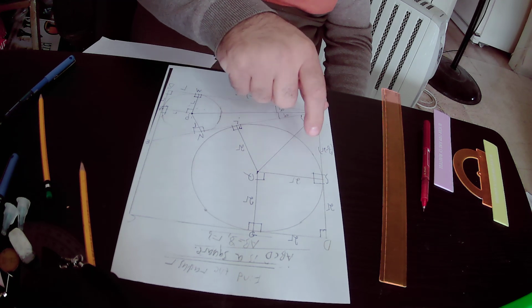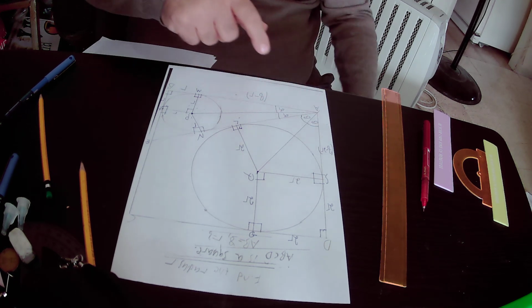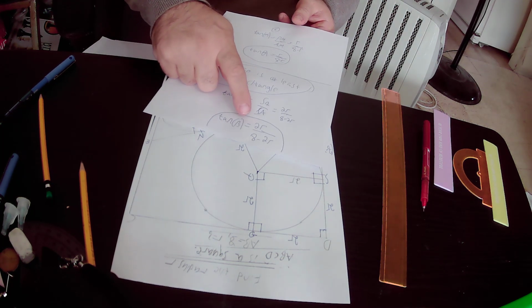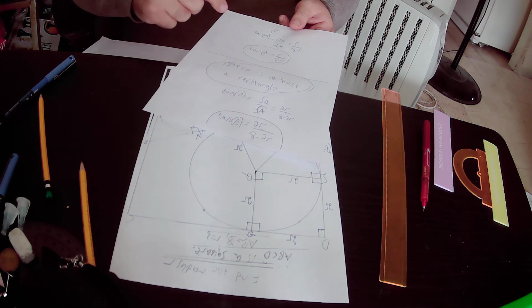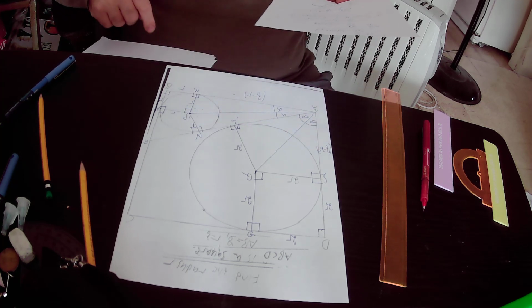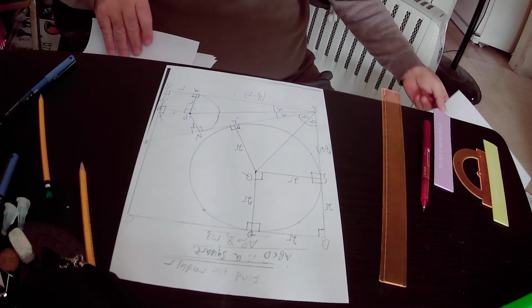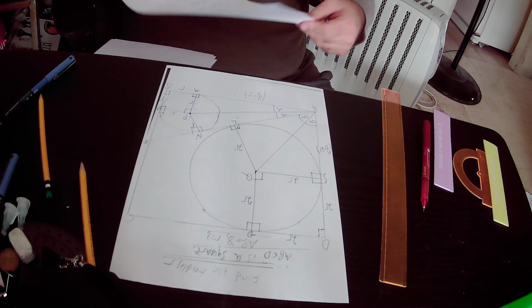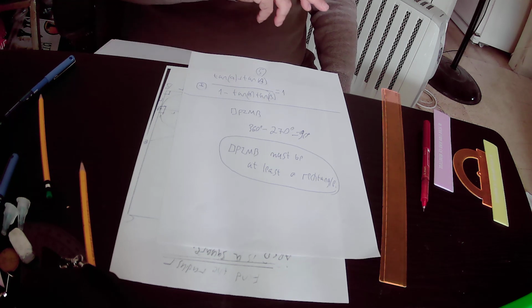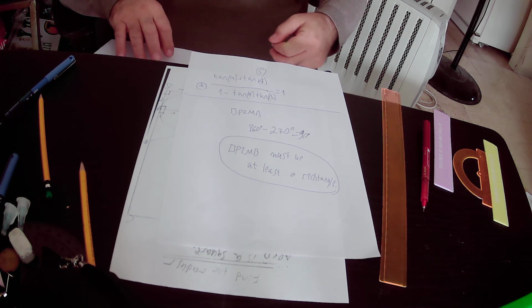SQ equals 2R and AS equals 8 minus R, so tangent beta equals 2R over 8 minus 2R. Okay, so we found the values of tangent alpha and tangent beta. So we will substitute tangent alpha and tangent beta in this equation number 1 by the values that we found.